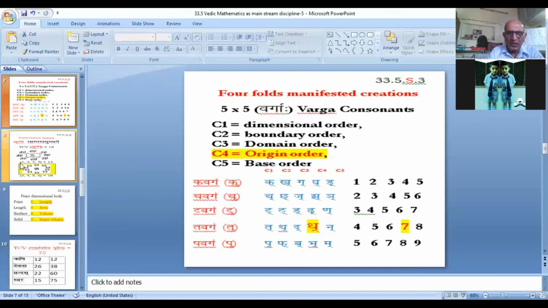Therefore, the 4 folds manifested creation, the setup, is such a format that it, at its 4th phase, takes us to the placement format of the origin.